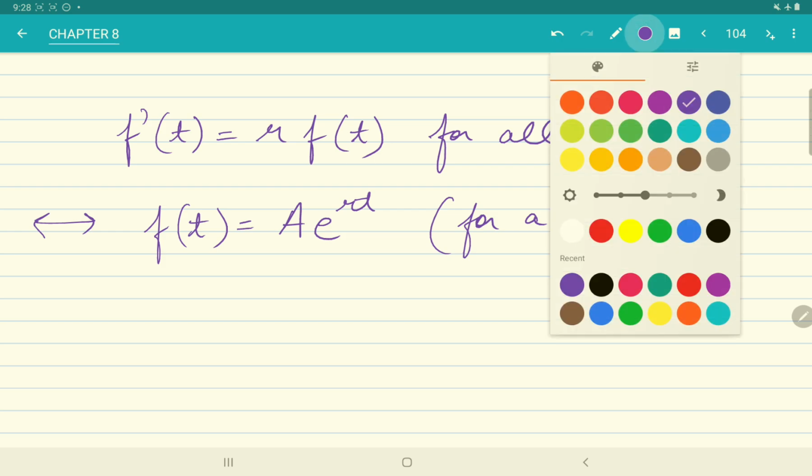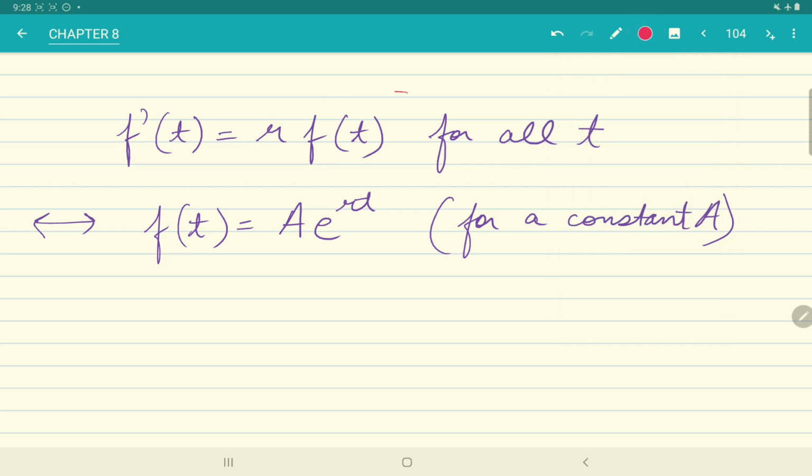Now, if I consider this equation, this reflects a very simple model of population increase, that the per capita rate of increase of the population is a constant. The per capita rate of increase of the population is f prime t by f of t, and it is a constant r.